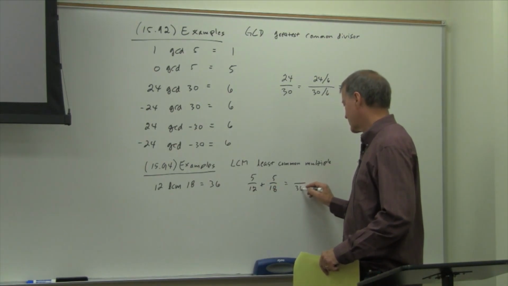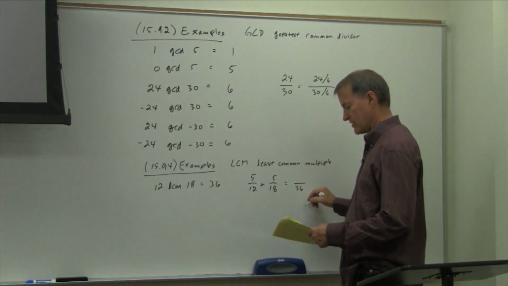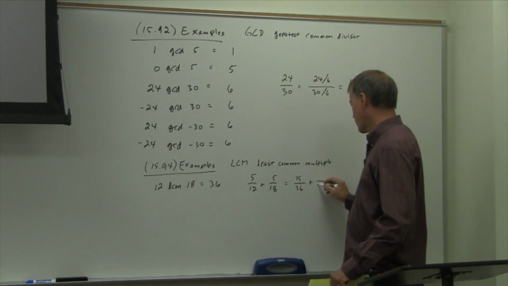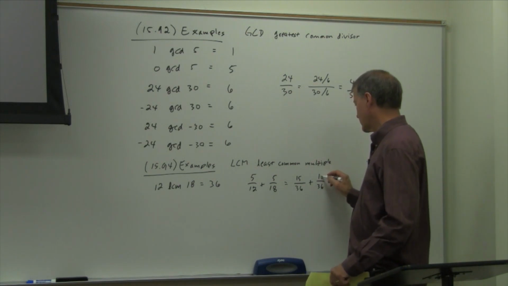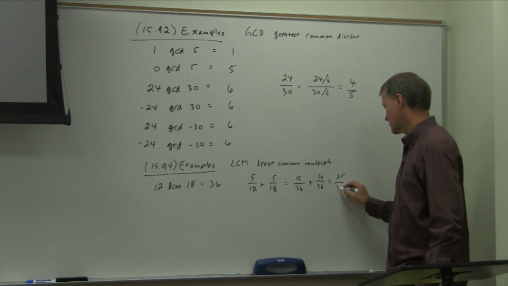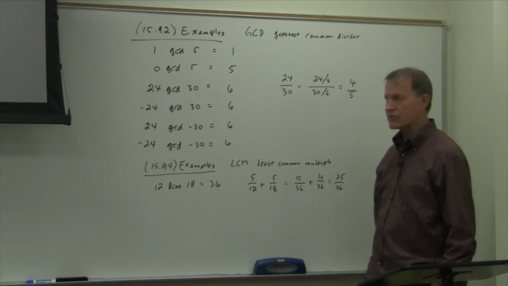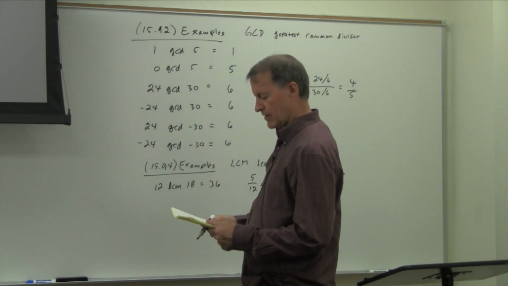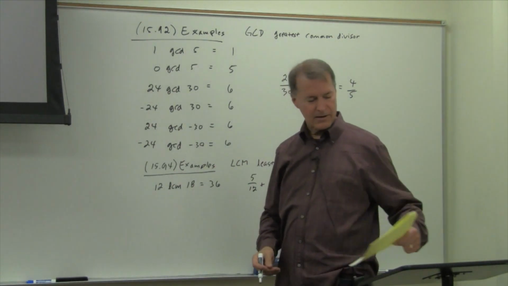So 5 over 12 is what over 36? It's 15. And then 5 over 18 is what over 36? 10. Okay, and then you can add these, 25 over 36. Here again, you've done this with fractions before, but there is the formal definition of LCM. All right?